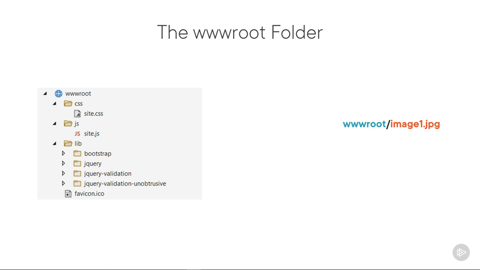Say that, for example, you have stored image1 in this wwwroot folder, and your website URL is bethanysspiceshop.com. Well, then by default, this image is reachable via bethanysspiceshop.com/image1.jpg. So the root of your site points to the root of this wwwroot folder. And this is in fact the only place where you should be storing static files. If you place them outside of this folder, they won't be accessible.